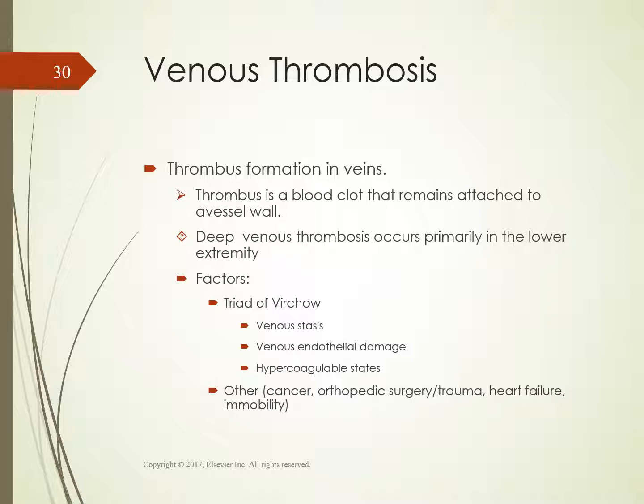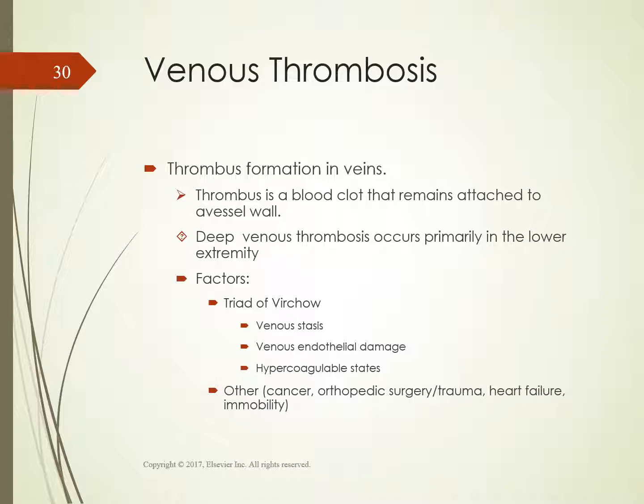And it could be from age, it can be from congestive heart failure, it could be due to trauma, intravenous medications, hypercoagulable state, inherited disorders, malnutrition, pregnancy, use of oral contraceptives, or hormonal replacement can all cause this venous stasis.